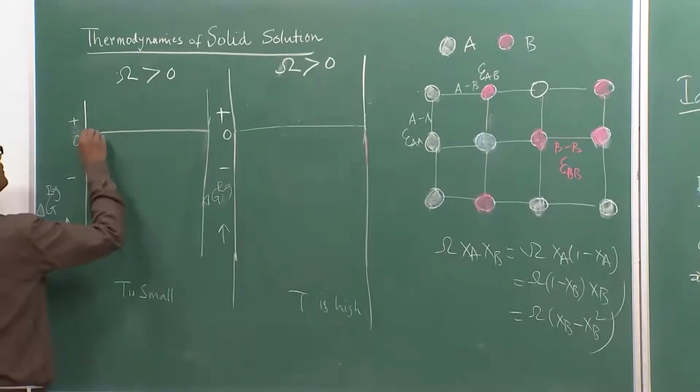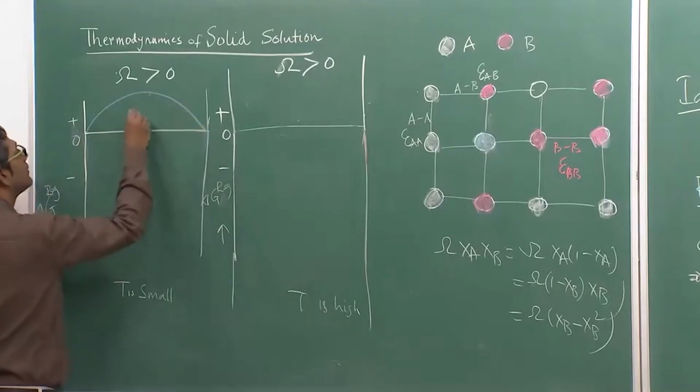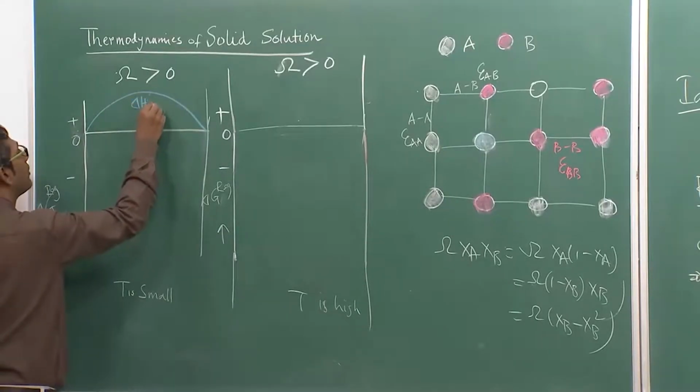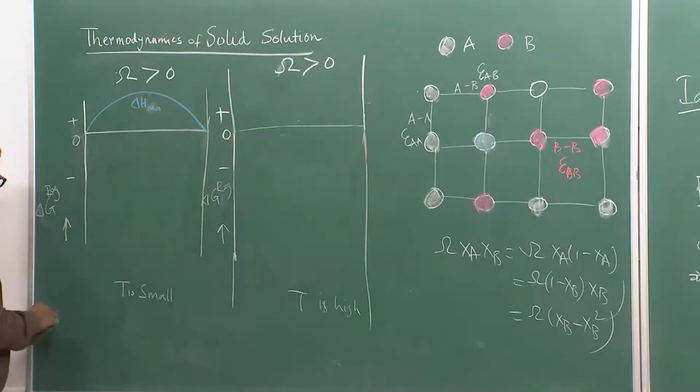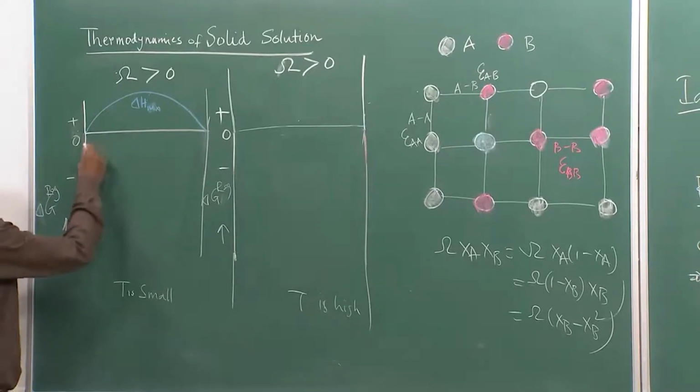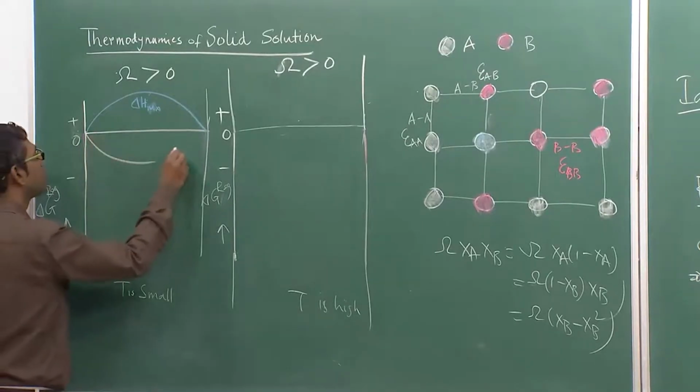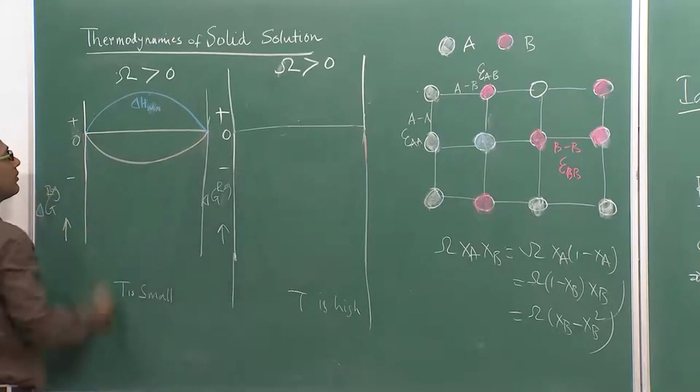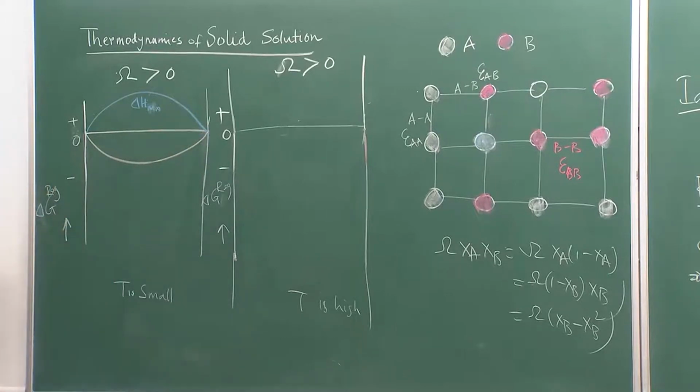So, this is your delta H mix now. The entropic term will always be negative because of the nature of the logarithmic terms. XA and XB are fractions, so the log of any fraction is always negative. But it will be low because the temperature term is low, correct. So, what will happen then to delta G mix?